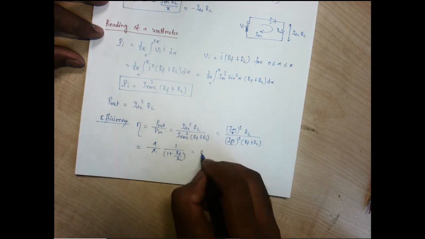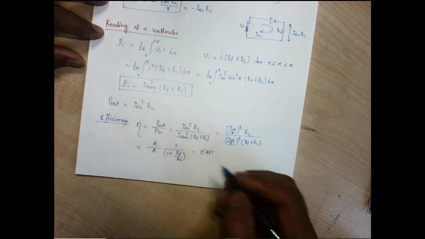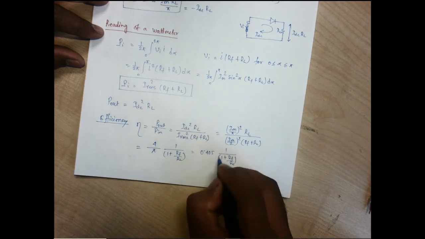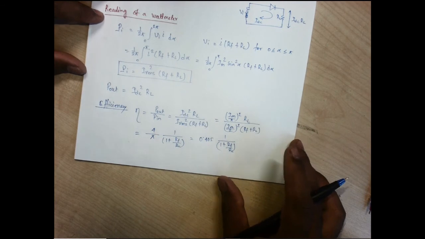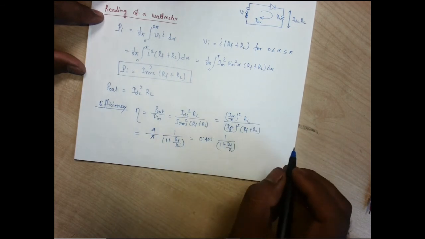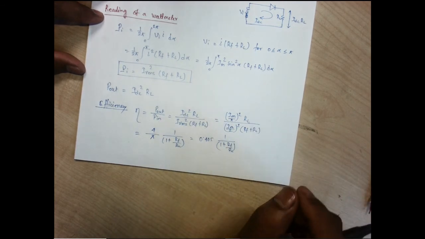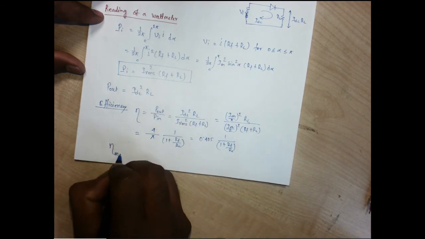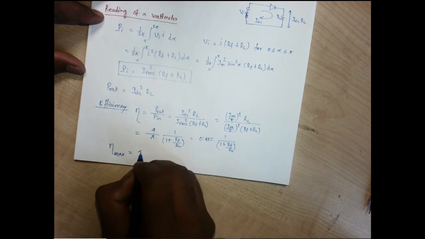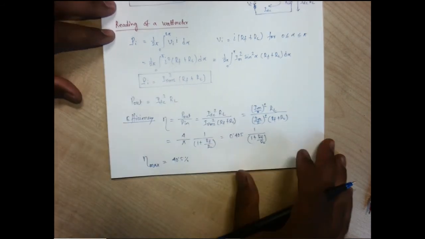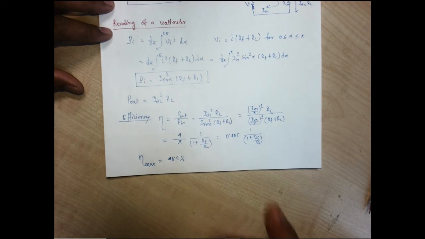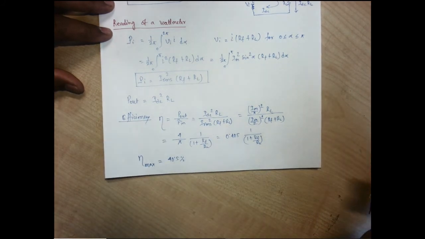Now if we can neglect this Rf, if Rf is very very small, then what is the maximum efficiency? Eta max is 40.5% only for this half wave rectifier. The maximum efficiency of the half wave rectifier is 40.5%.